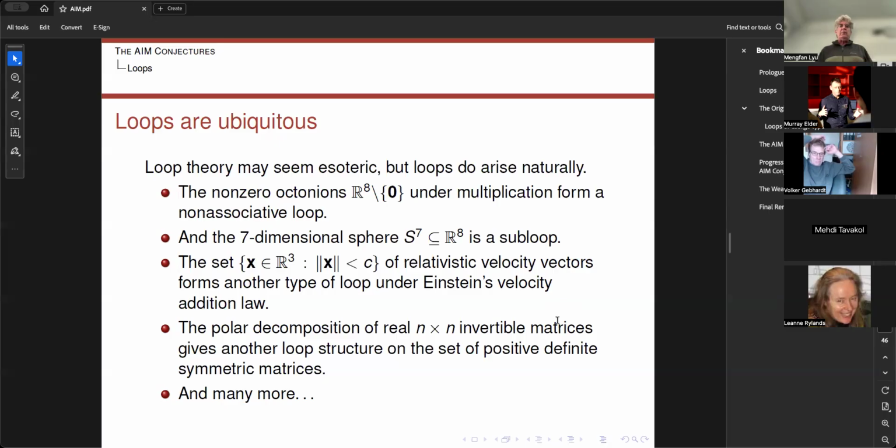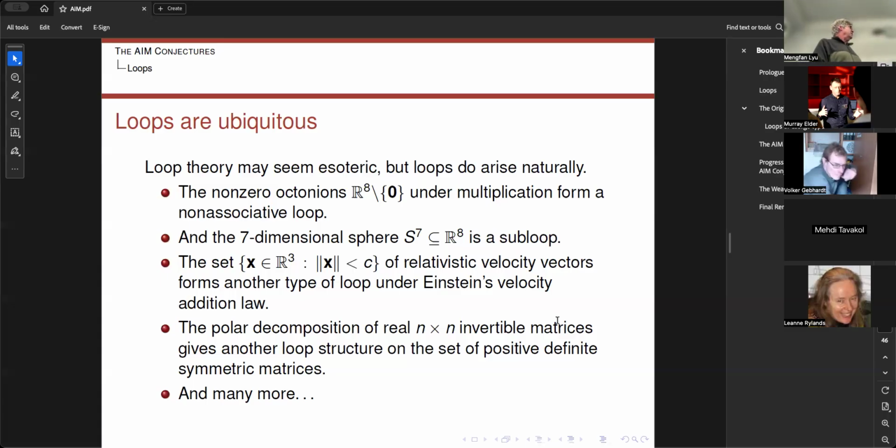Another one comes from special relativity. If you take the space of relativistic velocity vectors, so vectors that are of length less than the speed of light, and you apply to them Einstein's velocity addition law, which I'm not going to write down as a formula because it doesn't help with the understanding of how it works, it turns out that is not an associative operation, especially if your 2 velocity vectors, or your 3 rather, are not parallel.